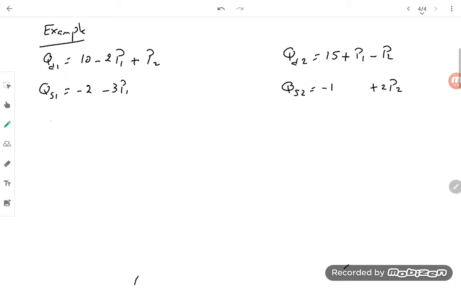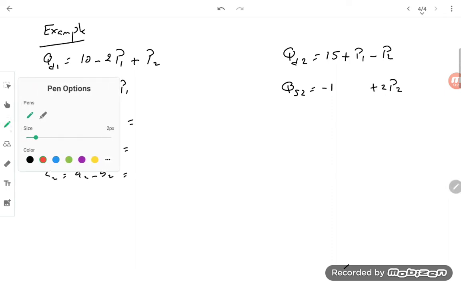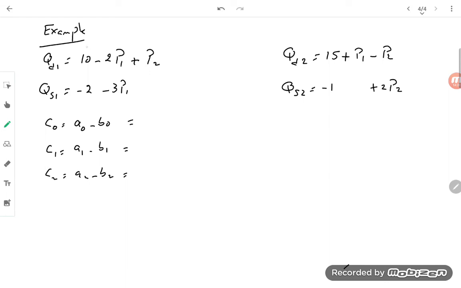So with respect to C node equals A node minus B node, and C1 equals A1 minus B1, C2 equals A2 minus B2. This is A node, A1, A2, B node, B1, B2.